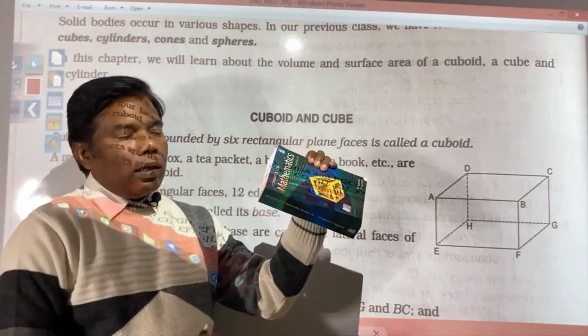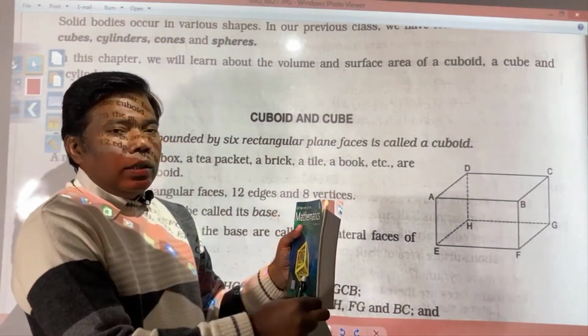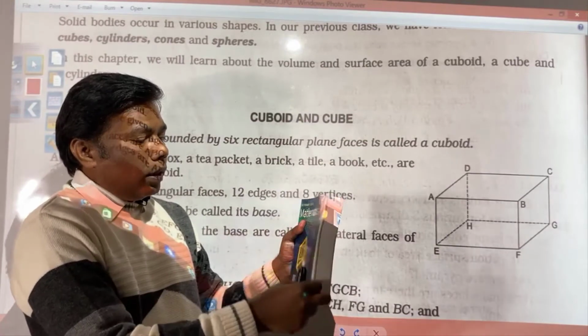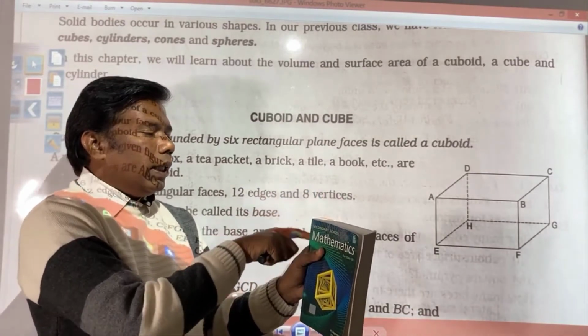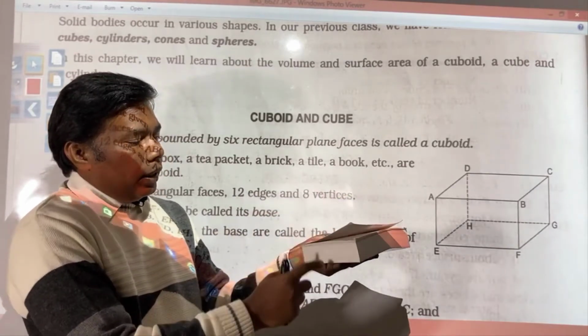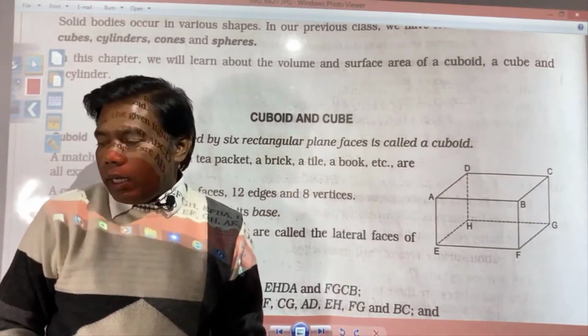This is the 6th one. And edges you see, these are all called edges. So this is 1, 2, 3, 4, 5, 6, 7, 8, 9, 10, 11, 12. You can see and you can count and you can understand.